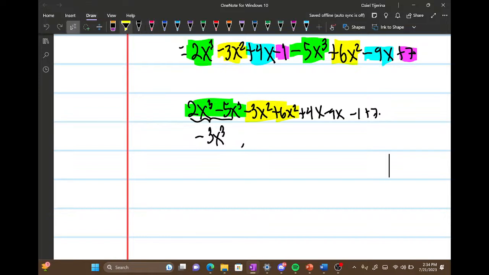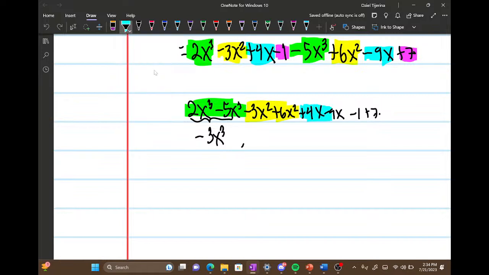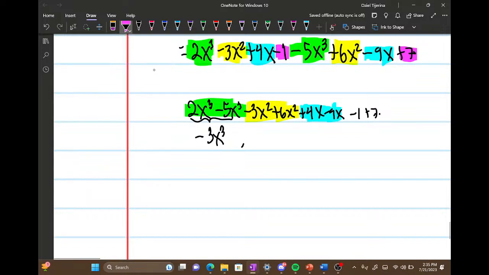So as I was saying, we have that, and then we have the 4x minus 9x, so that'll be this one here. And then finally we have the negative 1 and the 7. So this is how that's done.